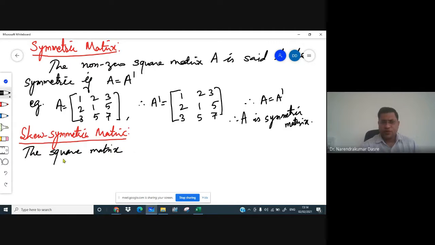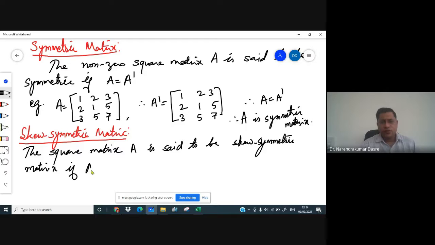So a square matrix A is said to be a skew symmetric matrix if A is equal to negative of its transpose.